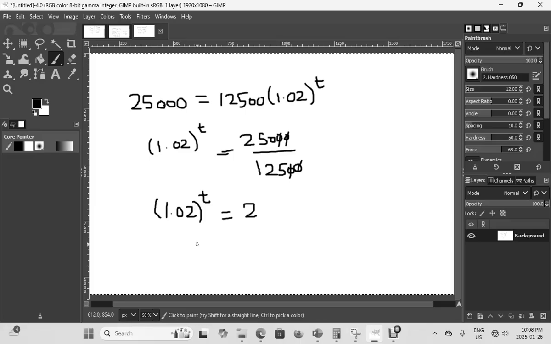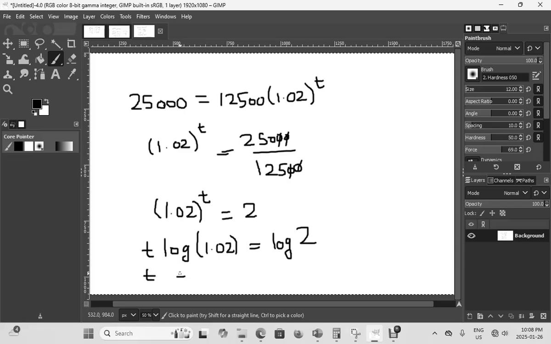Now what you can do is use the log function. This will be t times log 1.02 equals log 2, so we use the log function on both sides of the equal sign.